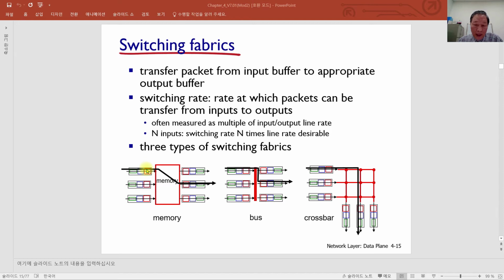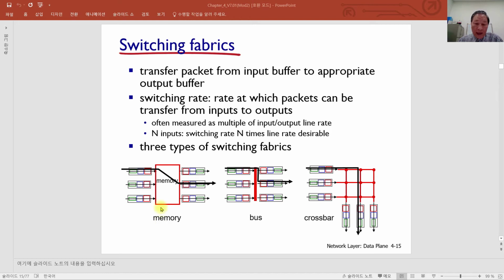The interface line rate and the switching fabric's speed should be higher than the aggregated line rates to get proper performance.